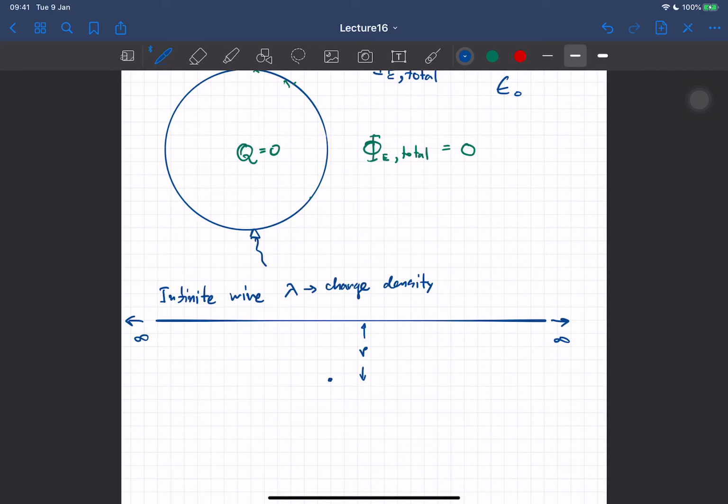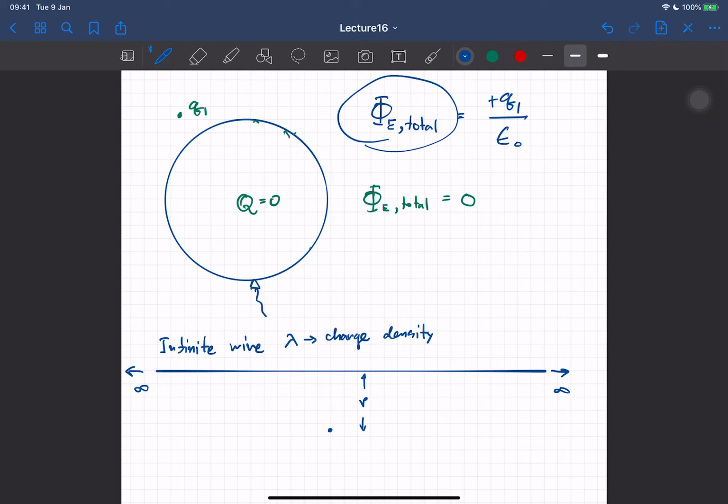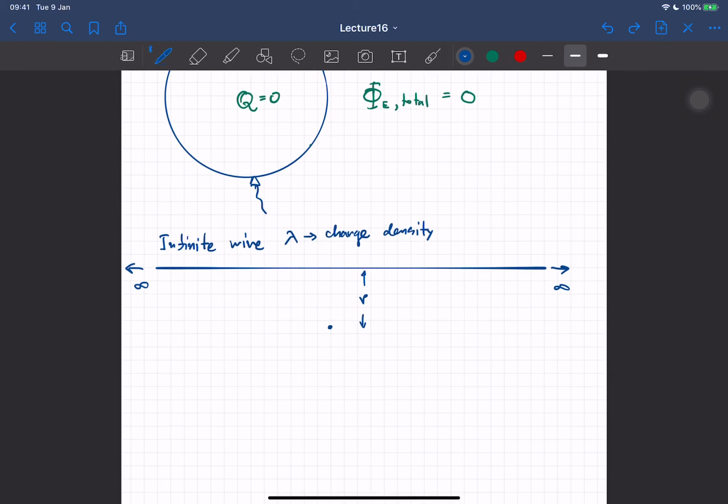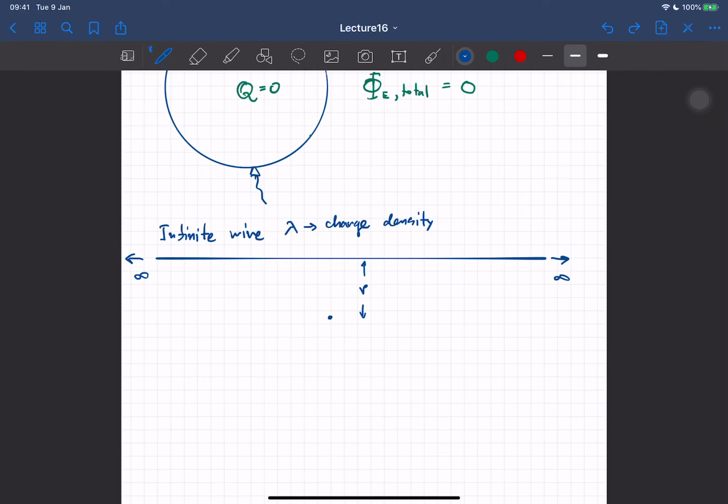So again, what does Gauss' law say? Gauss' law says that the electric flux through any closed surface is equal to the charge inside divided by this constant epsilon 0. And the important point is that it can be any surface, it doesn't have to be spherical.